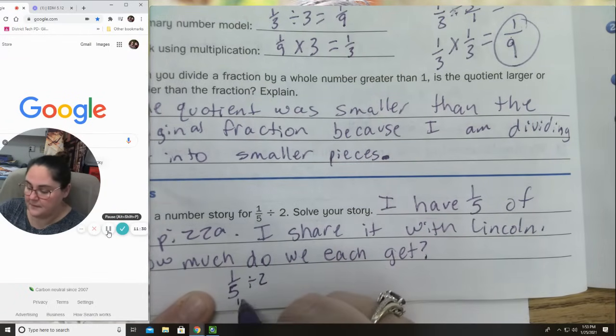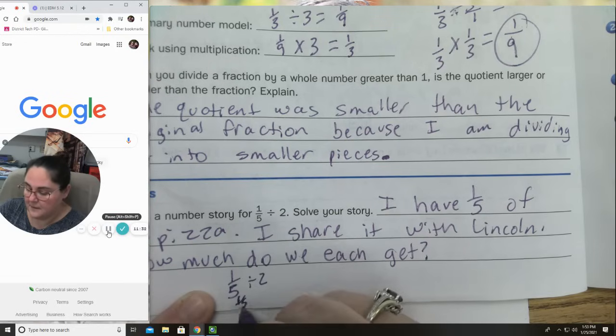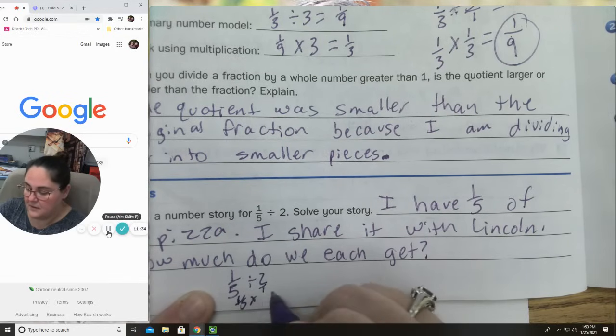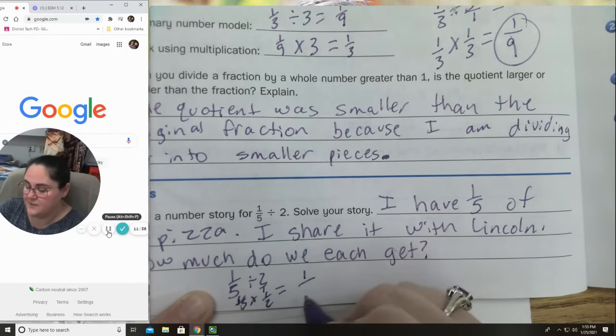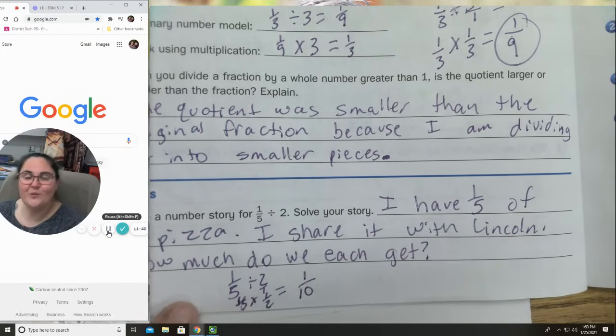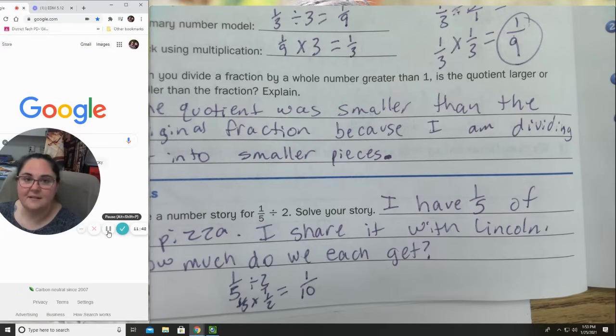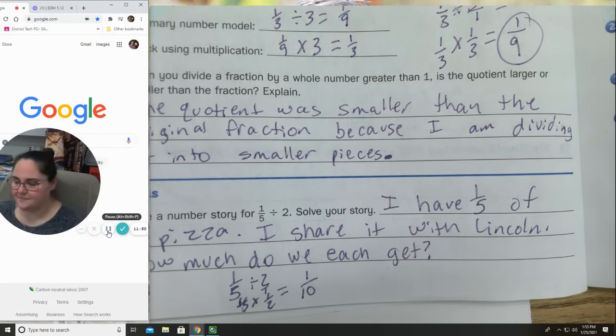Keep, change, flip. 1 times 1 is 1. 2 times 5 is 10. So my answer would be 1/10. If I have 1/5 of a pizza and I cut that in half, that means he gets a 10th and I get the 10th. Awesome.